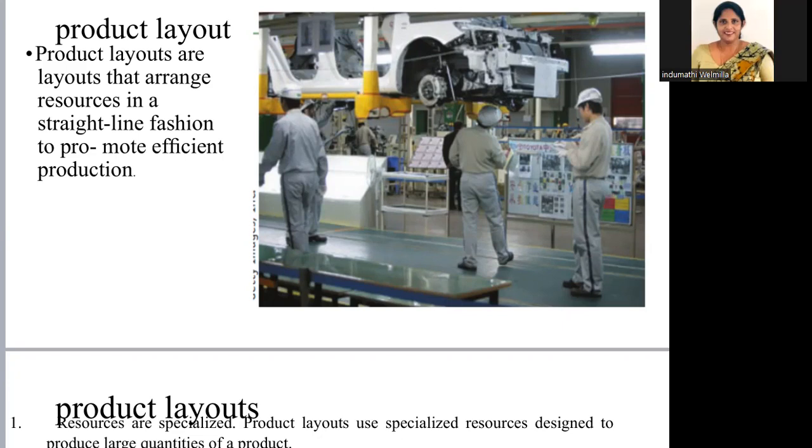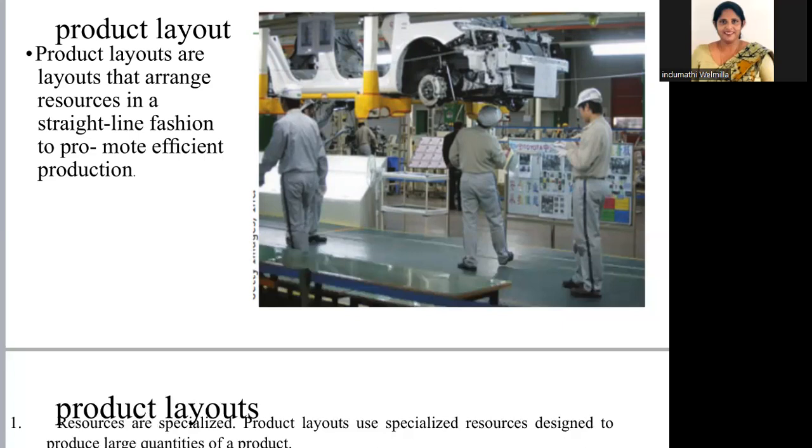This type of layout is used by companies that have repetitive processing systems and produce one or a few standard products in a large volume, batches of product. One product or a small number of products, but produced in large volume.